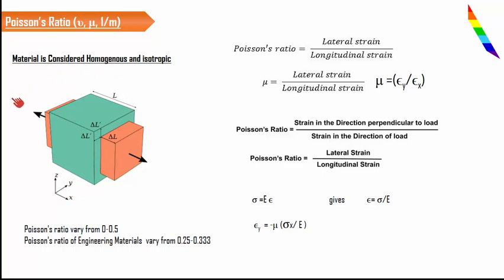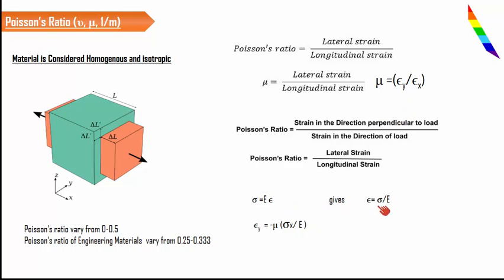If we consider this uniaxially loaded member, the length is increasing in the x direction and decreasing in the y and z directions. We can see that the length L has decreased by delta L in the y as well as z direction, but elongated in the x direction. So the equation of Poisson's ratio is nothing but epsilon y divided by epsilon x, and epsilon y is nothing but minus mu into epsilon x.